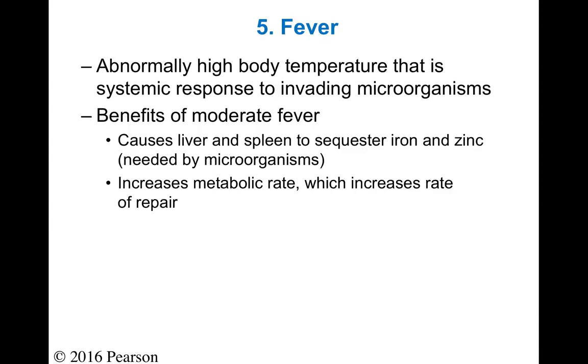And by increasing the body temperature, you're also increasing your metabolic rate, which means processes such as phagocytosis and repair can take place at a faster pace, helping you recover from the damage caused by your pathogens.